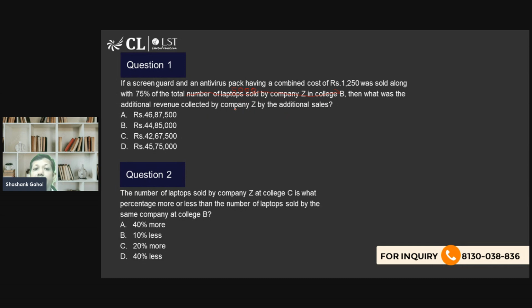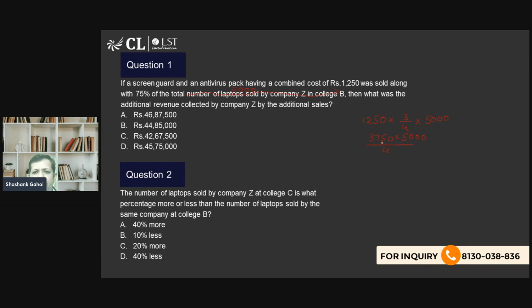A screen guard and antivirus pack has a combined cost of 1250. So this is cost into number of laptops, which are how much? 75% of 5,000. So 75% is 3/4. 5,000 is this. Okay. So now I'm just going to multiply 3 with this. So I'm going to get 3750 into 5,000 divided by 4.